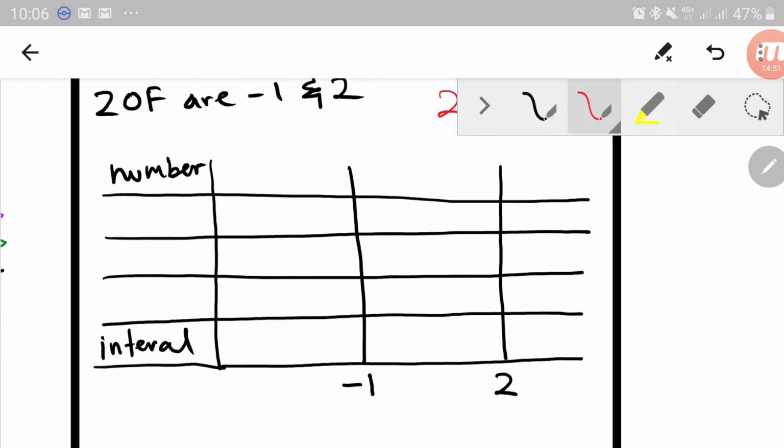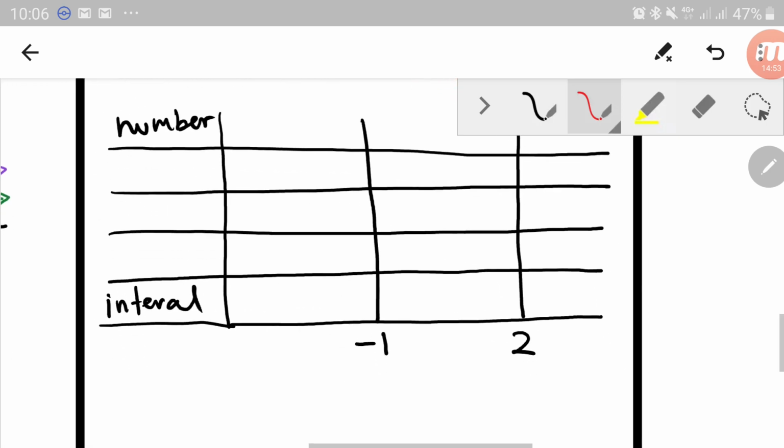Let's have a look at the interval row. The interval row is where we need to come up with the interval. Since we put -1 over there, the interval before -1 is from minus infinity up until -1.